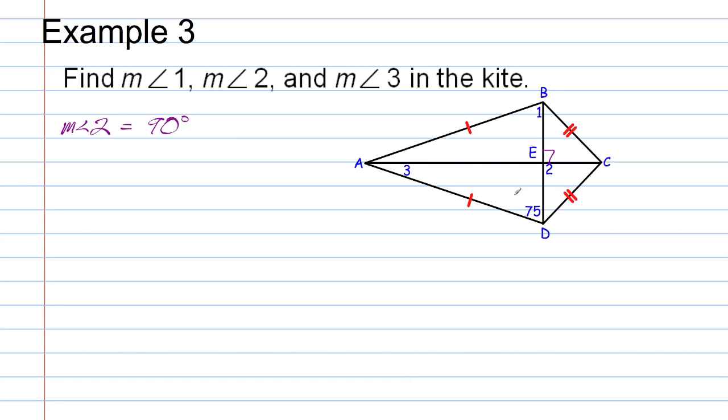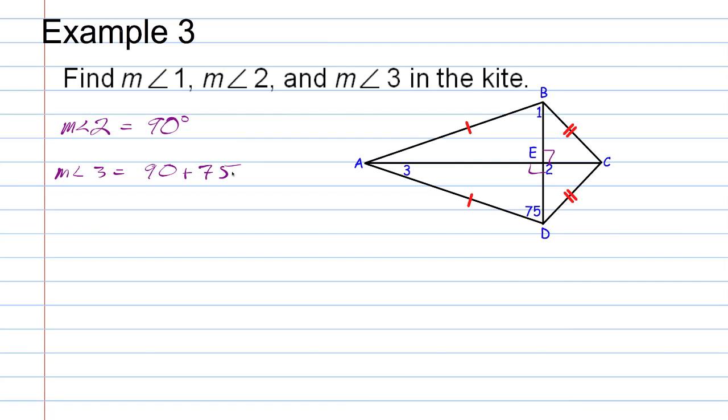Now we're going to find the measure of angle 3. The measure of angle 3 we're going to calculate because of the triangle angle sum theorem that says the sum of the angles of a triangle are 180 degrees. Well, we're going to have to add 90, because we know this is a 90-degree angle, to 75.